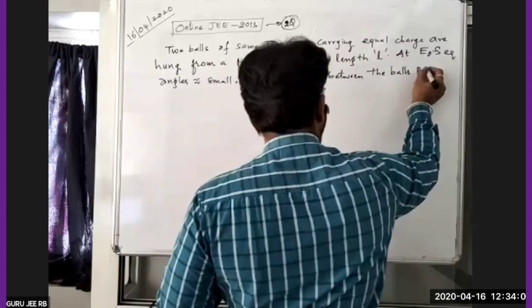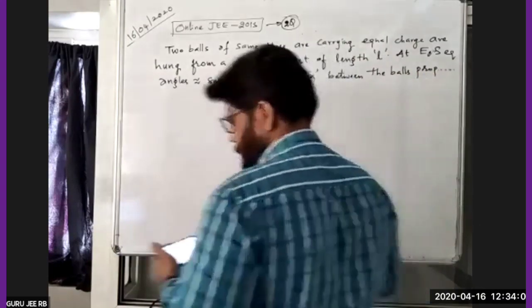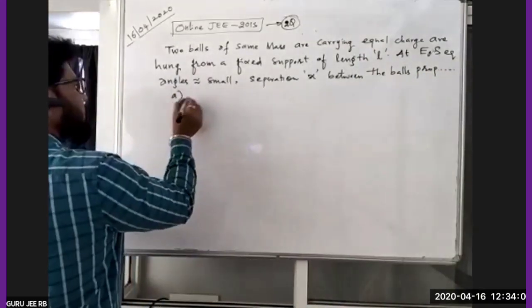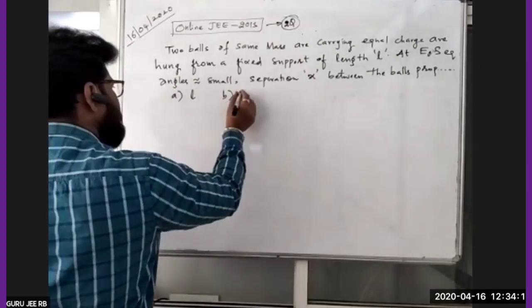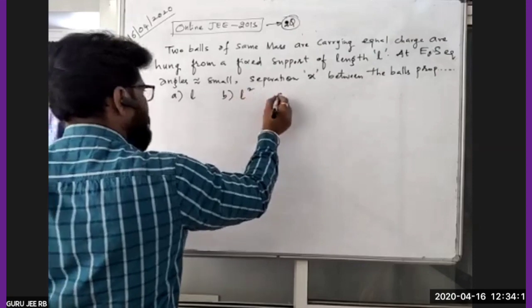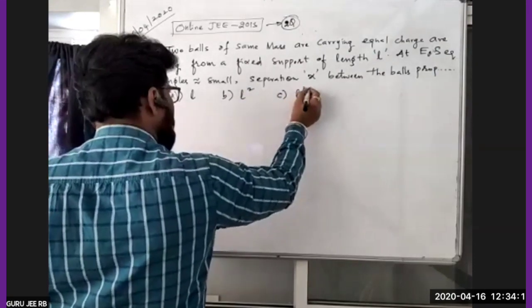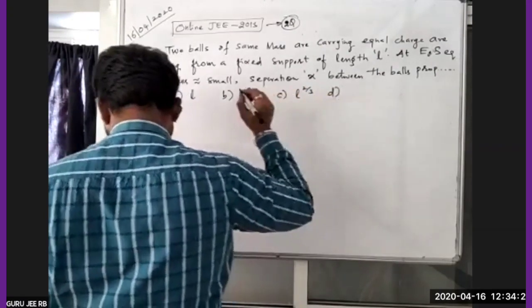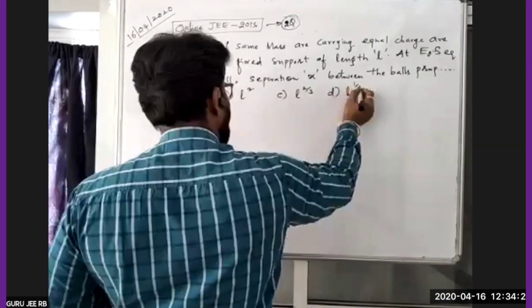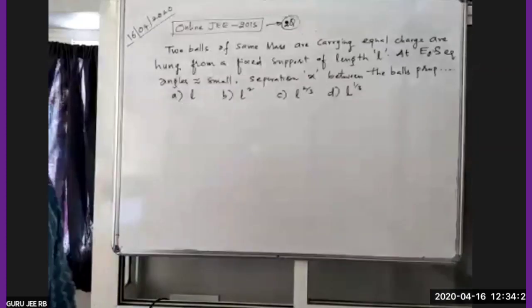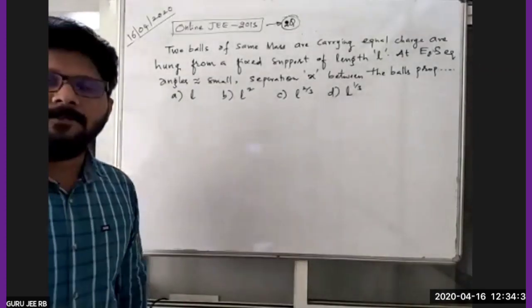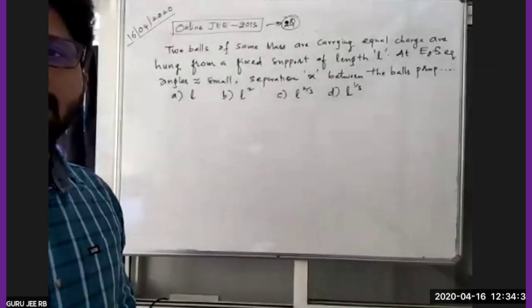We did the same model problem. Proportional to: option A, L, right? L is the length. B option L square. C option L to the power of 2 by 3. D option L to the power of 1 by 3. Right? I'll give now 2 minutes time to you to solve this one. After that, we'll start discussing.